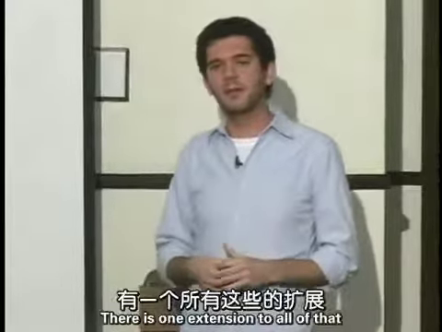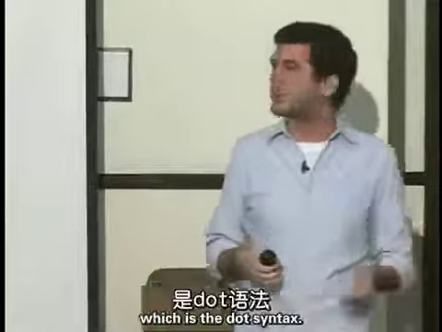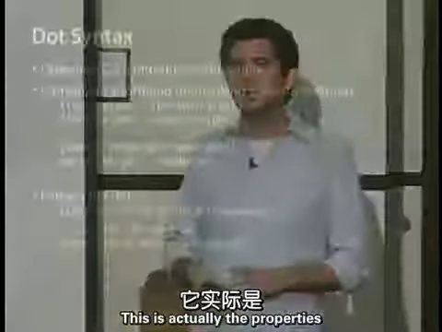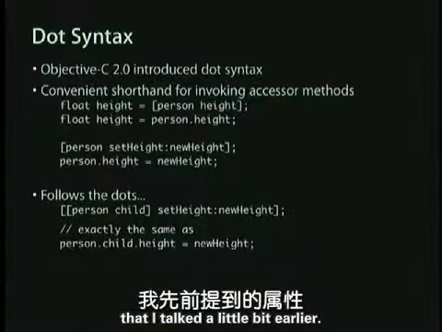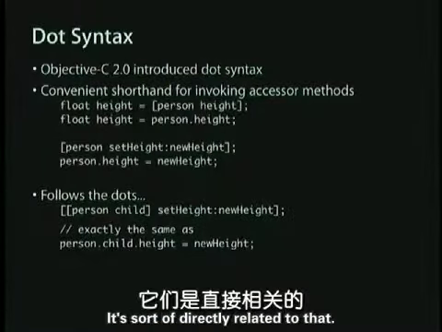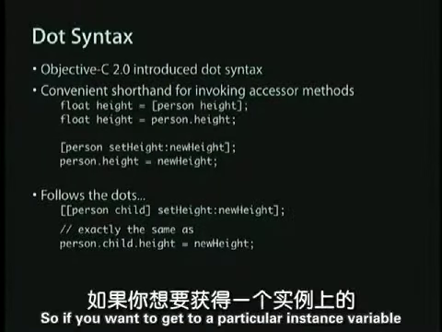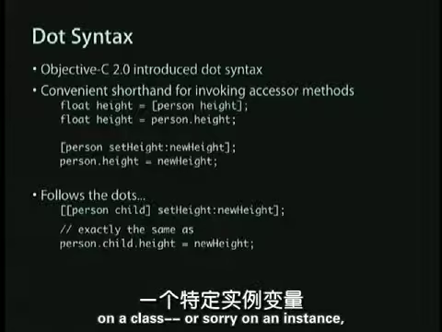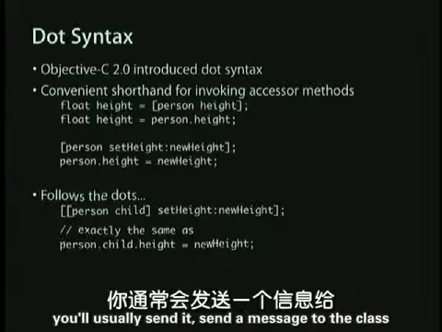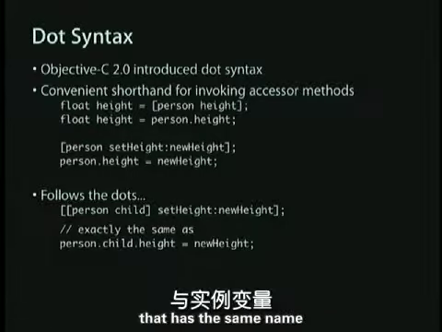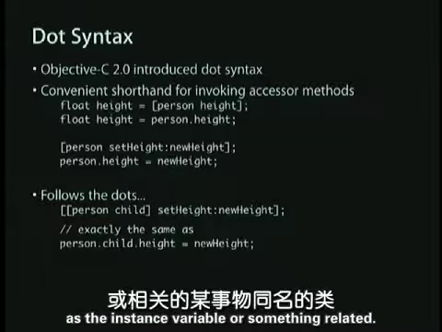There is one extension to all of that we haven't quite covered, but I mentioned briefly, which is the dot syntax. This is actually the properties that I talked about a little bit earlier. It's directly related to that. If you want to get to a particular instance variable on an instance, you'll usually send a message that has the same name as the instance variable or something related.